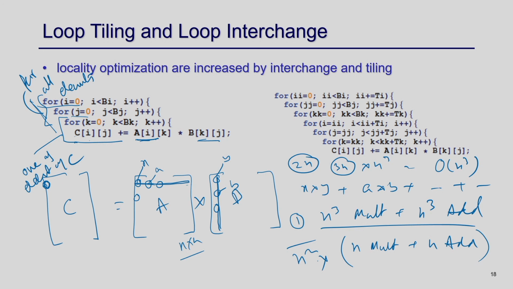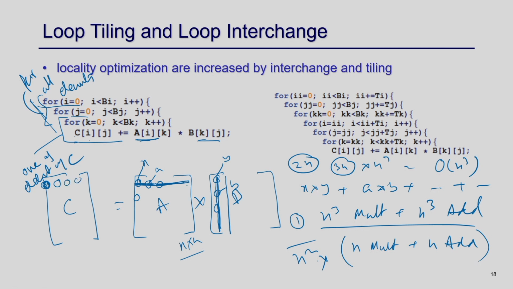So, order of n cube multiplication, order of n cube addition, order of n cube memory access. And another important point to be noted here is, once you calculate this value, you take this row and you take this column, multiply. To calculate the next value, I am going to take this row and the next column. So, that means this particular row is getting reused, right. In fact, this particular row is going to be used for all elements of this row.